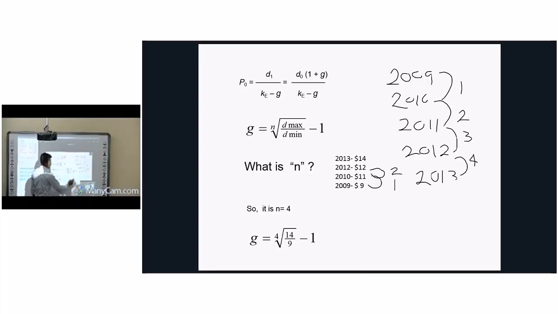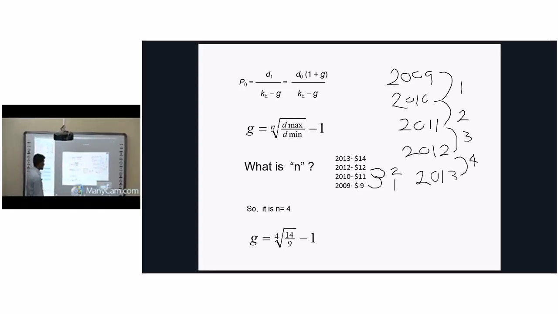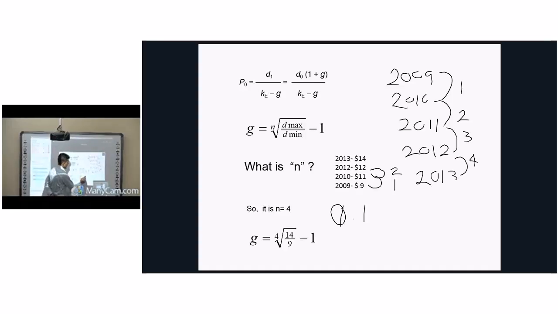So you get the answer as, what's the growth rate? Is that before deducting 1? After deducting 1, it is 0.117. 0.1167.